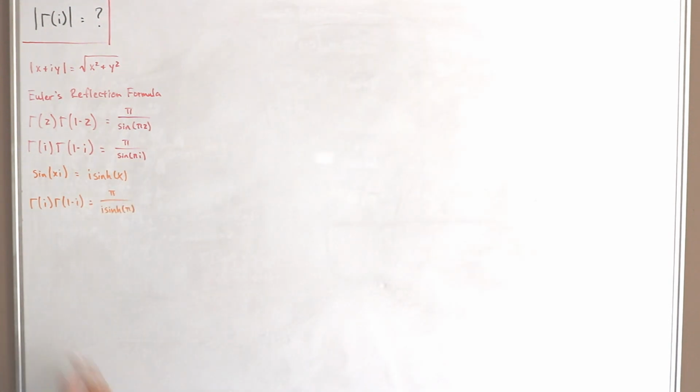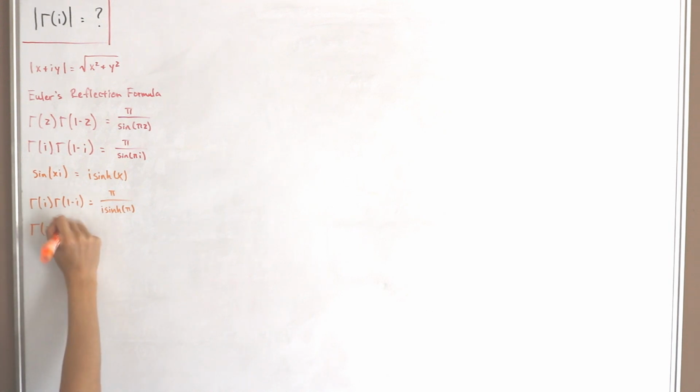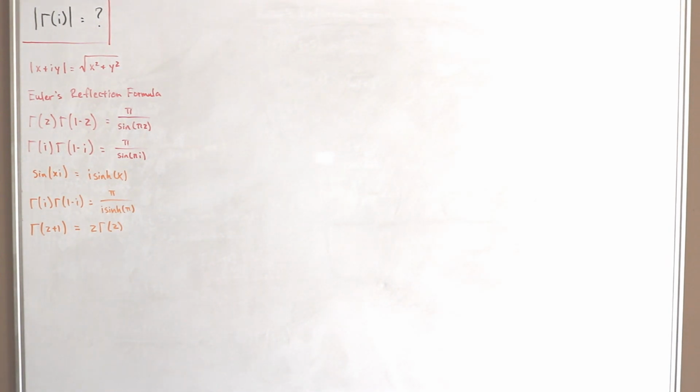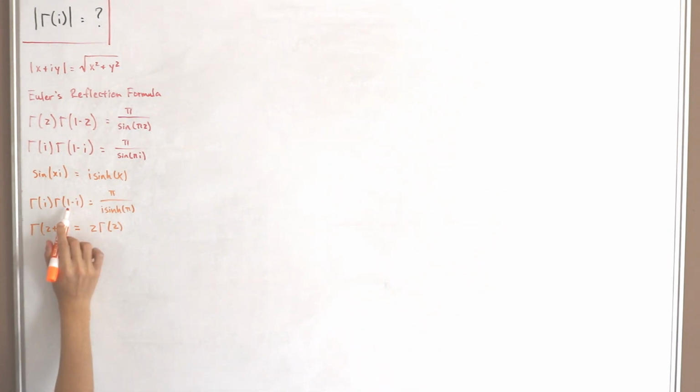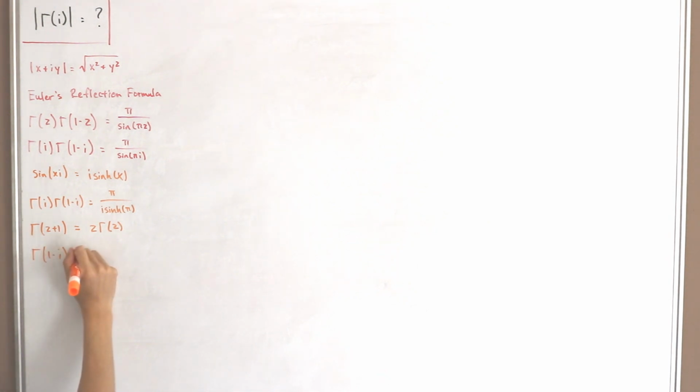A property we'll be using for gamma functions is that gamma of z plus 1 is equal to z multiplied by gamma of z, where z is the complex number. In this case, we have gamma of 1 minus i, and putting in the pieces together, our z would be negative i.